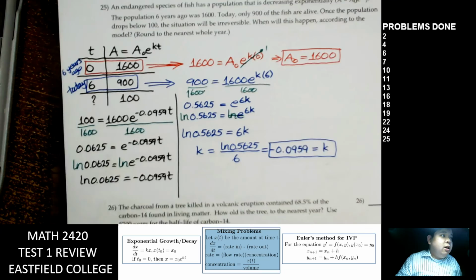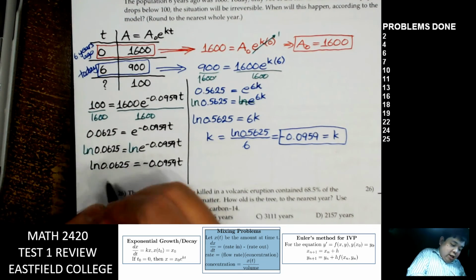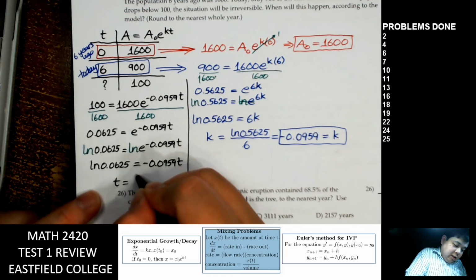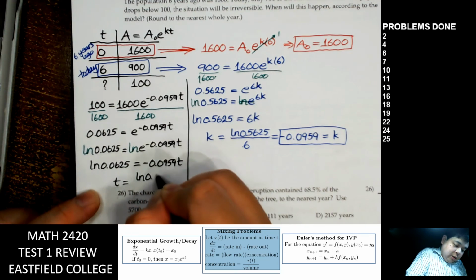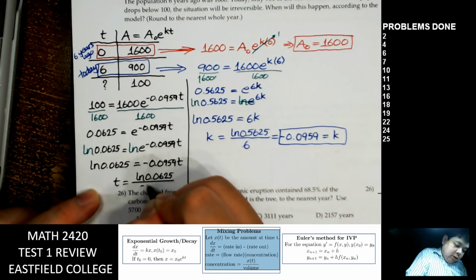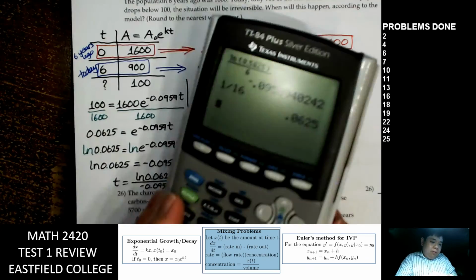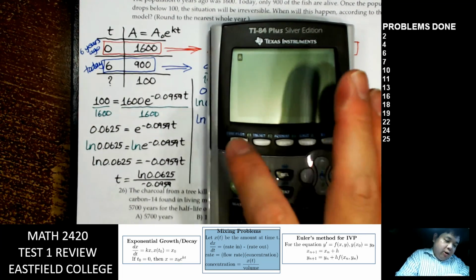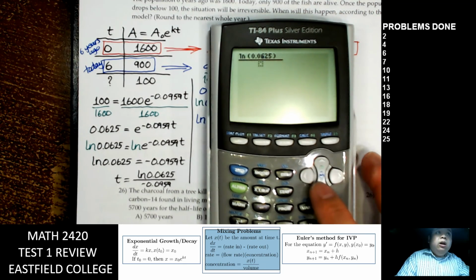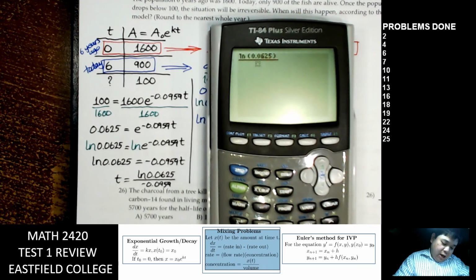And so for t, we take ln of that divided by that. ln 0.0625 divided by negative 0.0959.